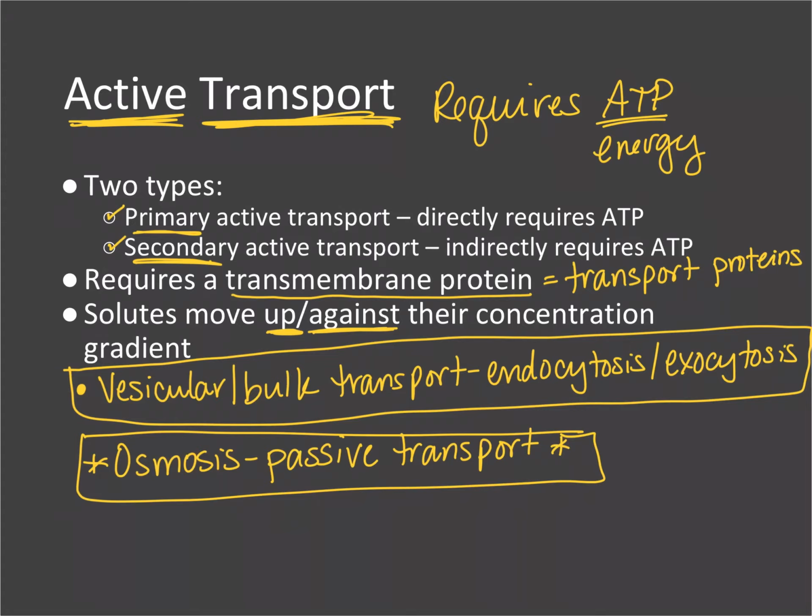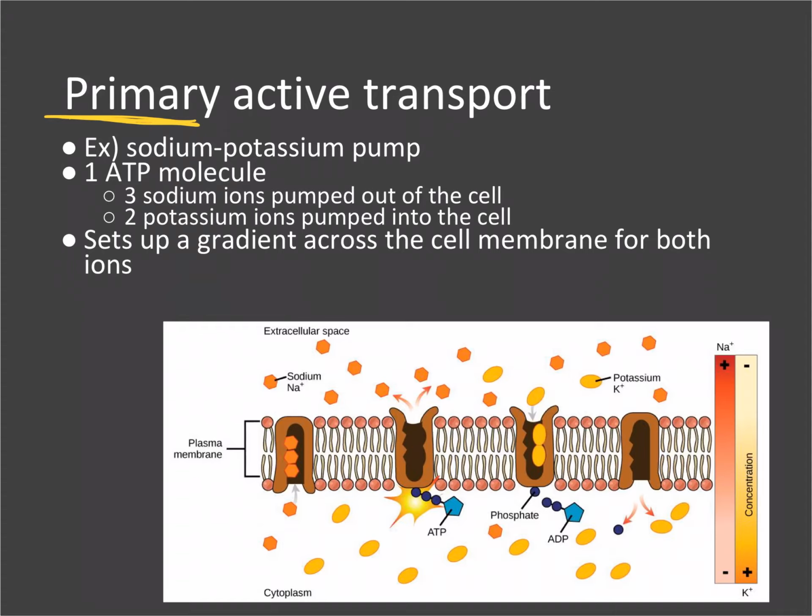So let's start by looking at primary active transport. And we're going to focus on a specific example known as the sodium-potassium pump. And one thing that you'll notice is that with active transport, or especially primary active transport, the word pump is just another name for the transport protein. So the proteins are called pumps.